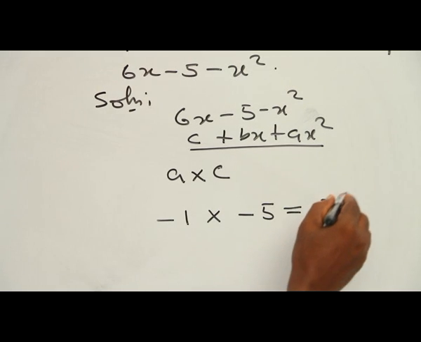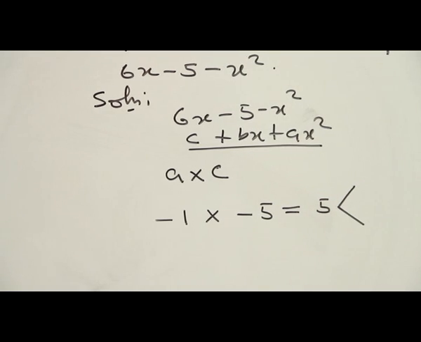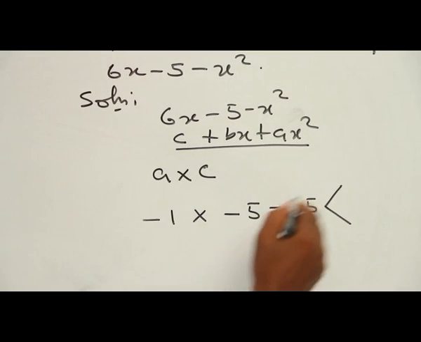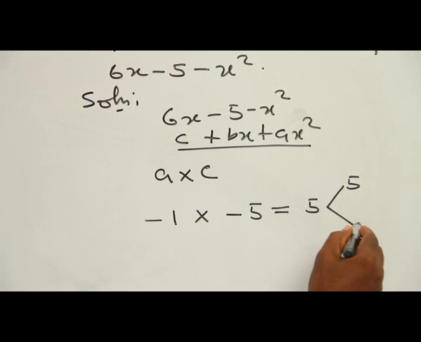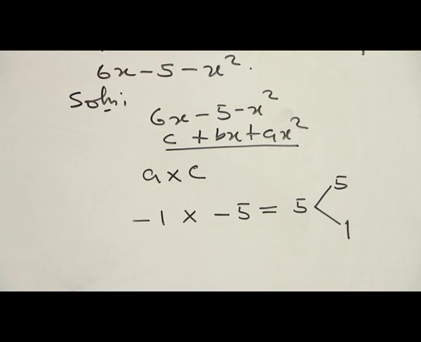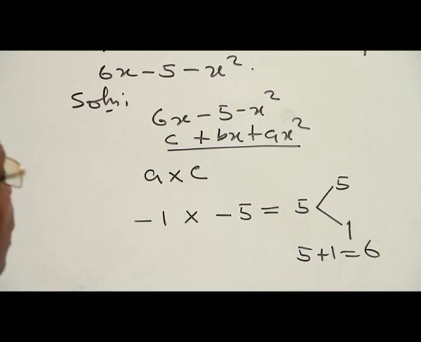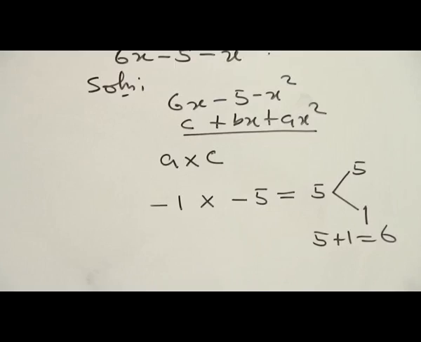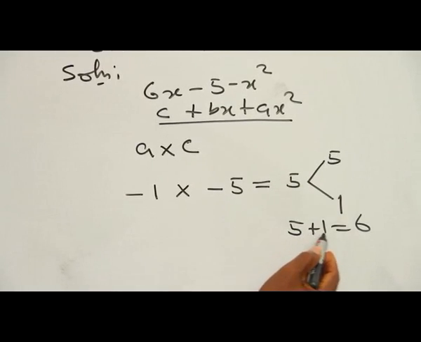I will now take the factors of 5 that will give me 6. So 5 and 1. Because 5 plus 1 is equal to 6. So I will replace the value I have, the 6s, by 5 plus 1.